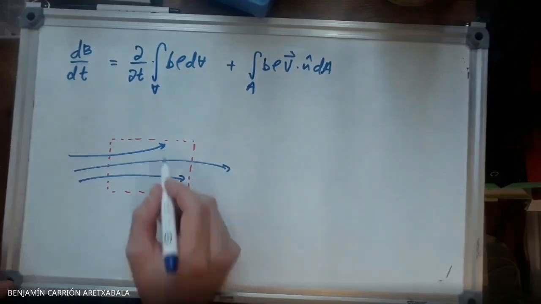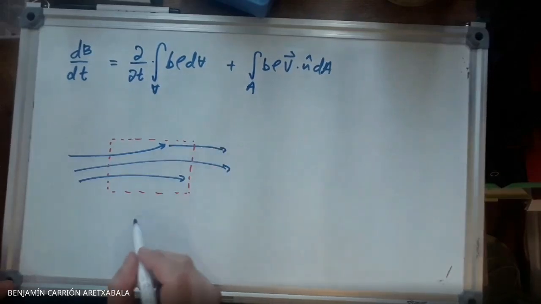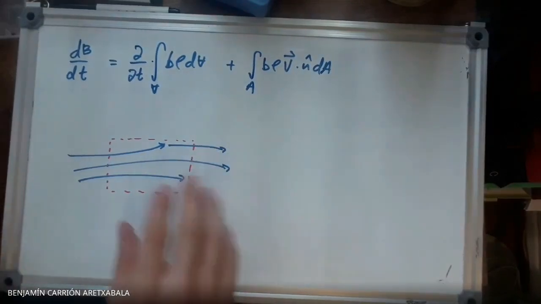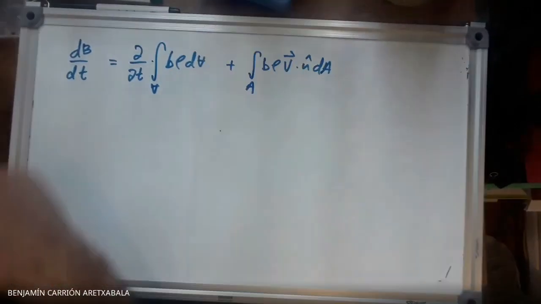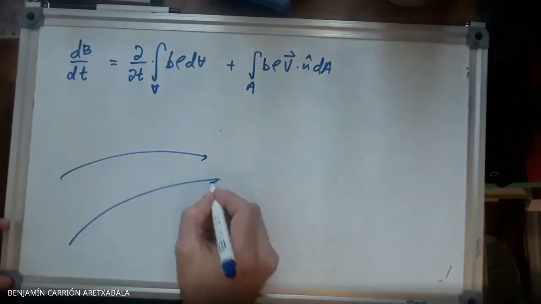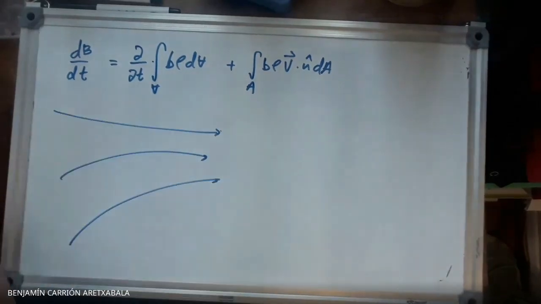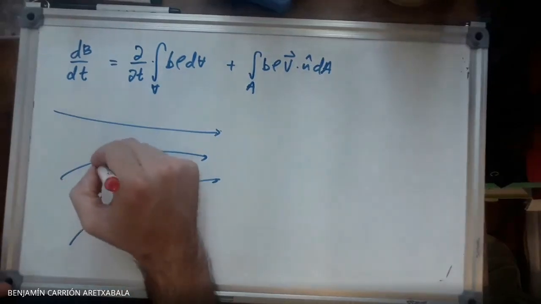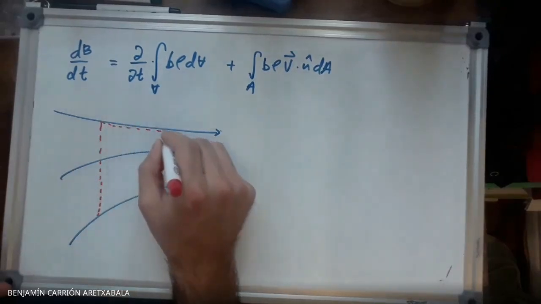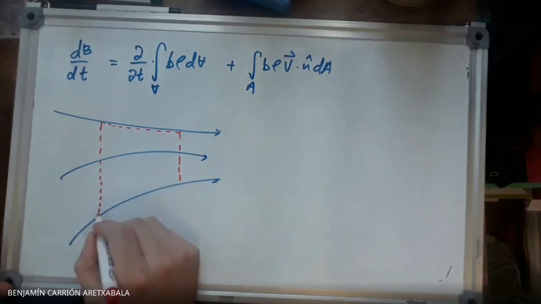Okay, something like that. Maybe in this case, this is not a very smart selection. So let's say you have streamlines like this. So a smarter selection would be something like this that goes along the streamlines. Okay.